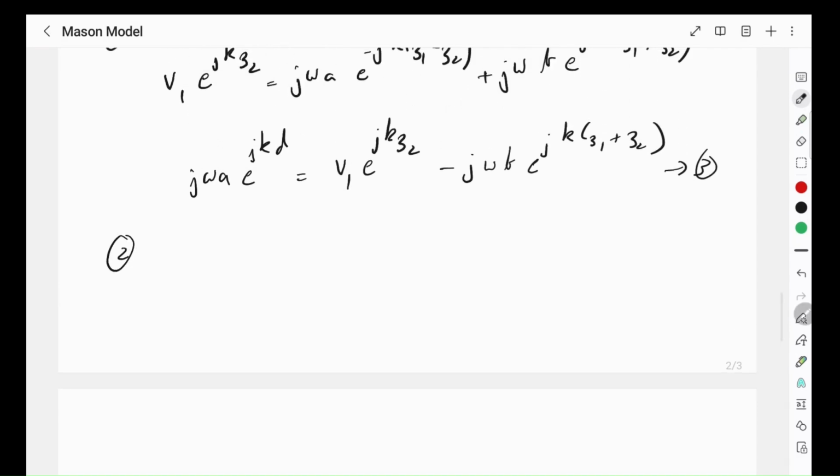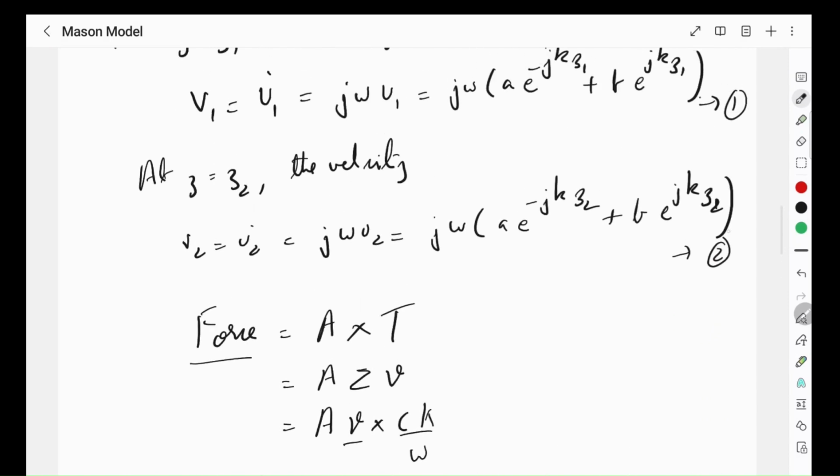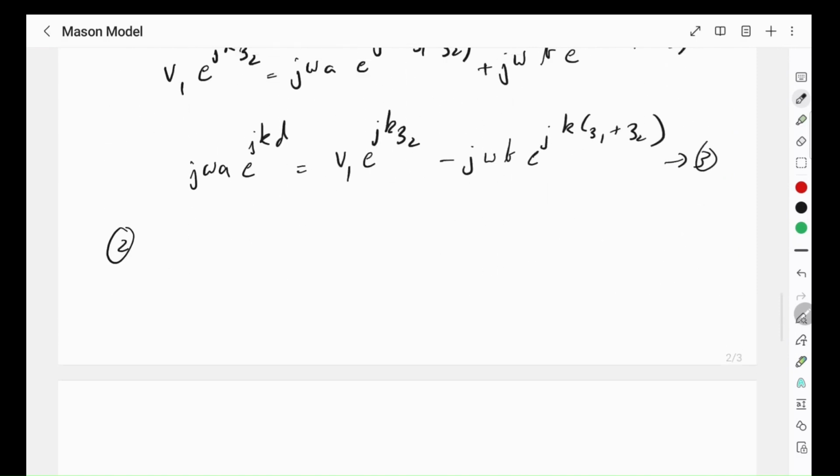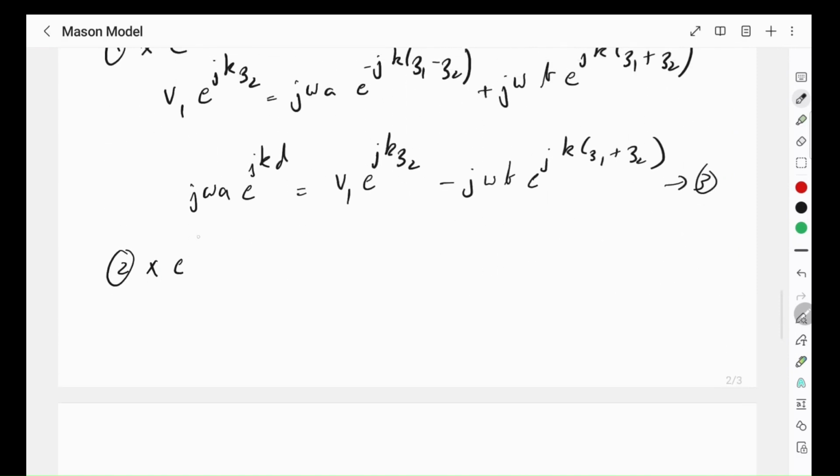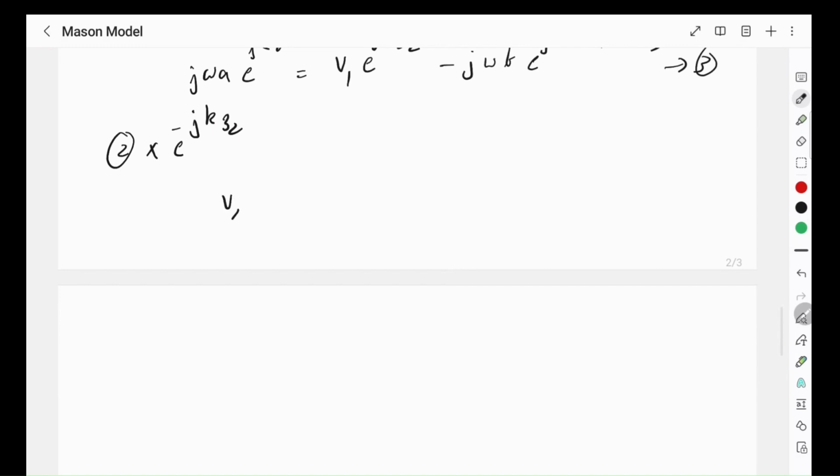So the second equation, which is this one, I've written here. You can multiply it by e raised to this, so that I can get it in terms of these. These are simple maths, you can just try it yourself. So v2 e raised to minus j k z2 is equal to j omega a e raised to minus 2 j k z2 plus j omega b.